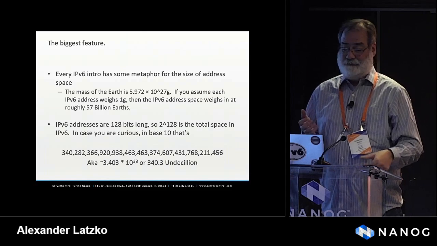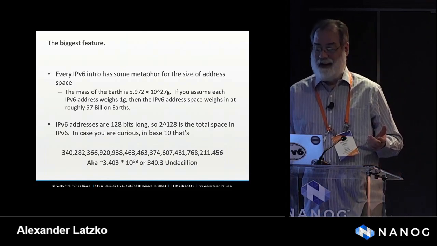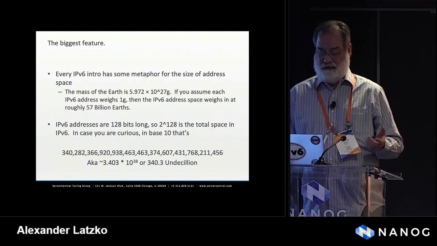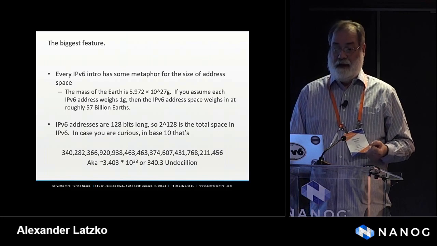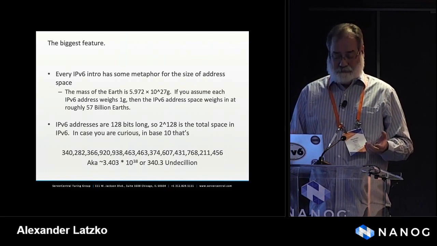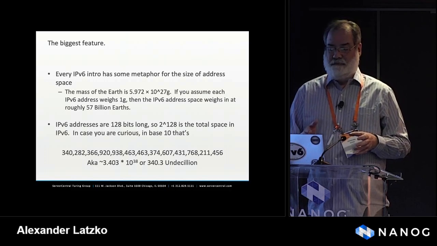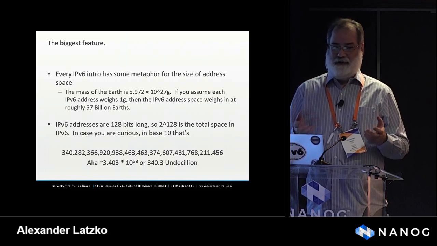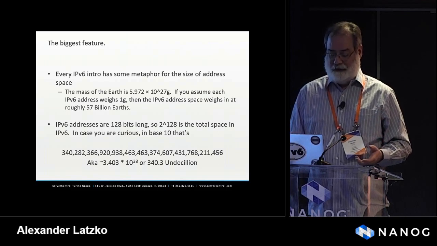And it's big. 3.4 times 10 to the 38th, an undecillion. It's a number you just can't wrap your head around, it's so big. But right now, we've only allocated a very small fraction of it. It's still about 2 to the 125th available spaces after what's been allocated.